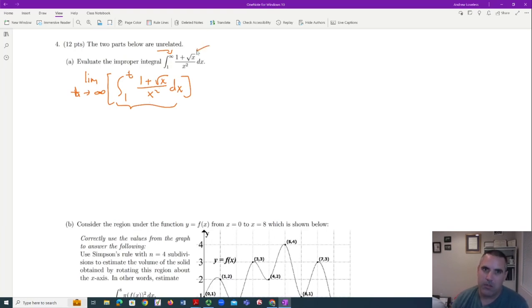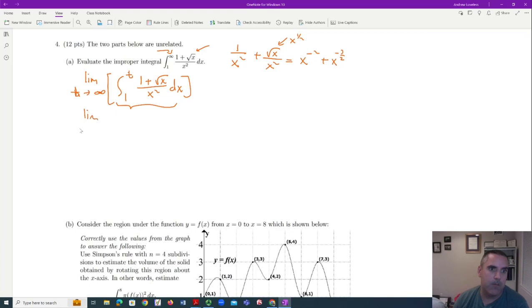Now this integral is just straight simplification. You don't need any special tools here. This is x to the negative 2. This is x to the negative 3/2, because this is x to the 1/2. So actually we're ready to go.